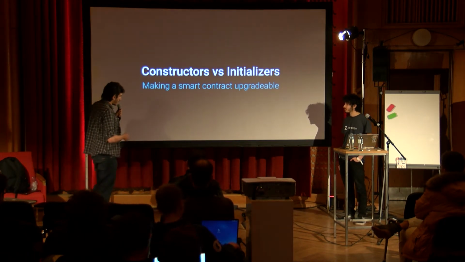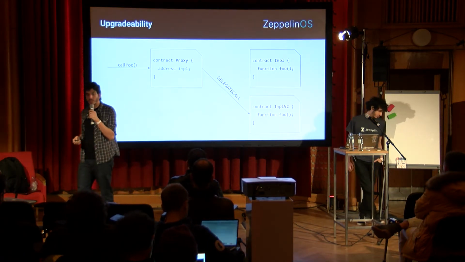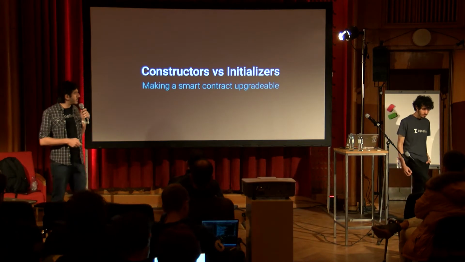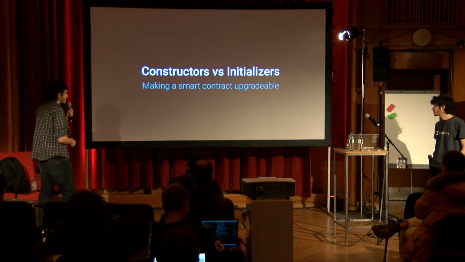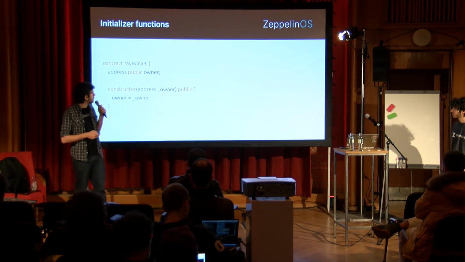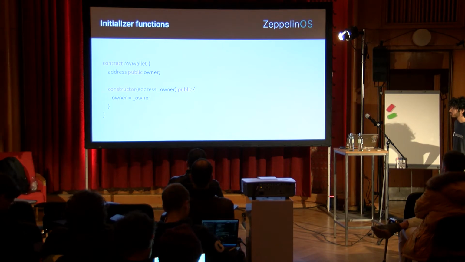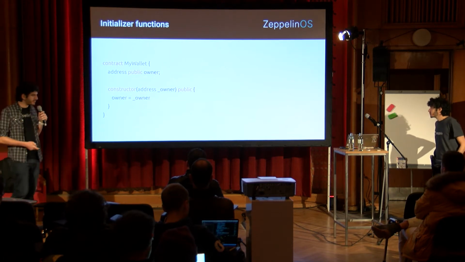So what do we need to do for a contract to be able to sit here as an implementation contract? Unfortunately, it's not seamless. There is one minor change that you need to make, and that is removing constructors. So this is how you would typically write a contract. You just define a constructor with any values you would like to initialize.